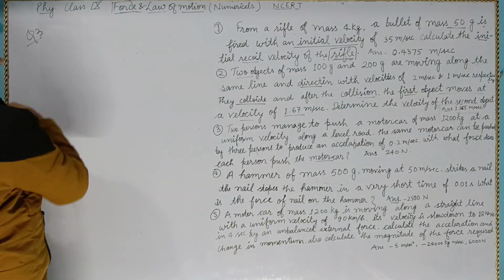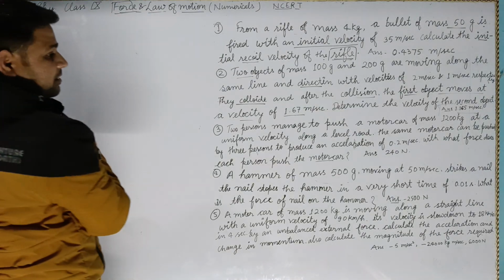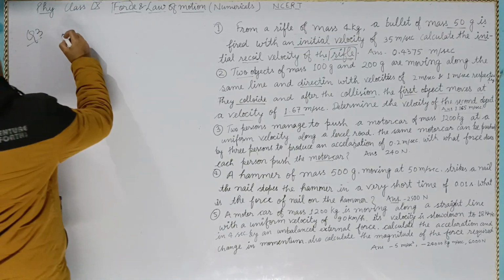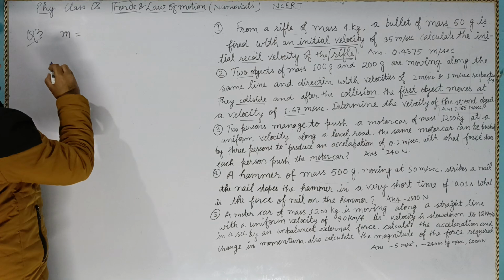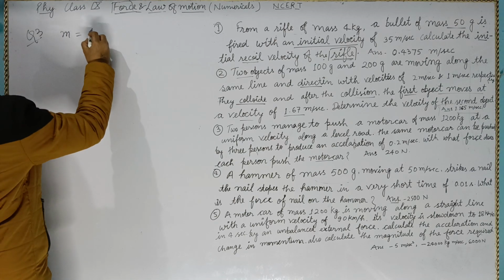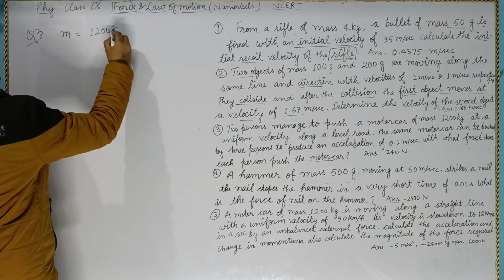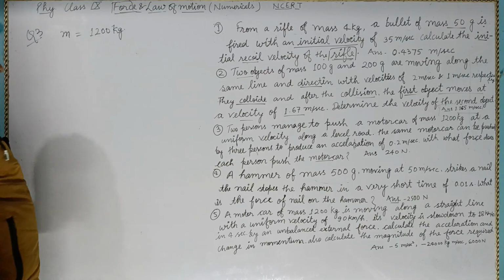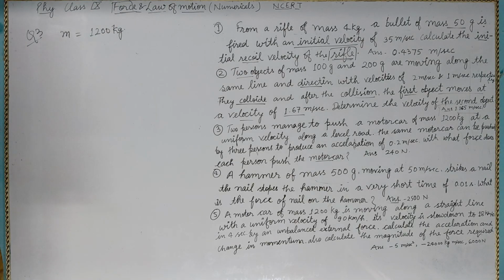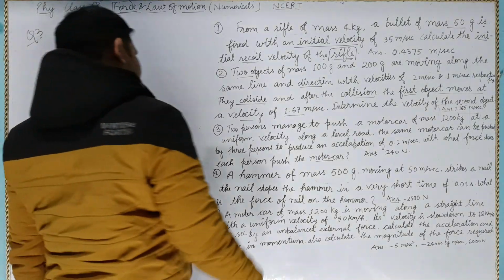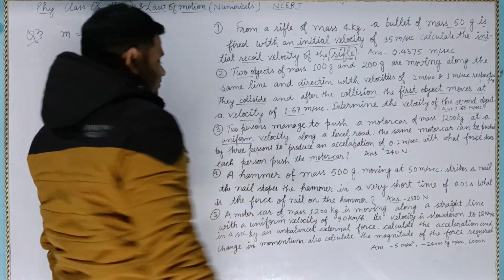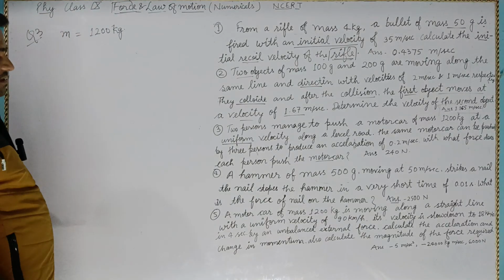So the given value is the mass of the motor car, m equal to 1200 kg. Uniform velocity along a level road means the car is not accelerated.